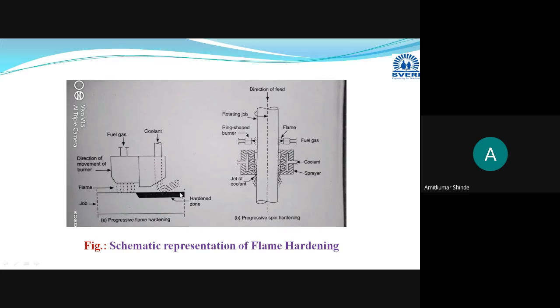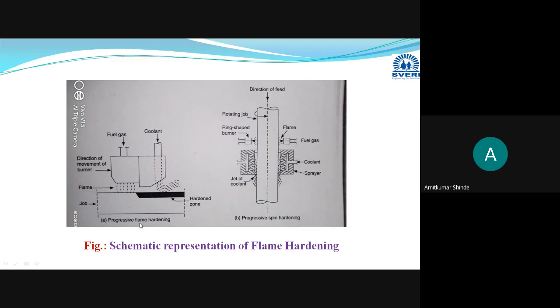First we are going to heat it, then after that spraying will be there, and your workpiece will be fixed. The workpiece is in the fixed position, and the source of the heating and cooling will move, or be in the progressive state. It will move over the workpiece from one corner to another corner where you are going to perform the hardening process. This is the progressive flame hardening.